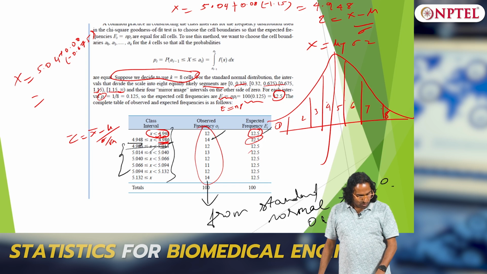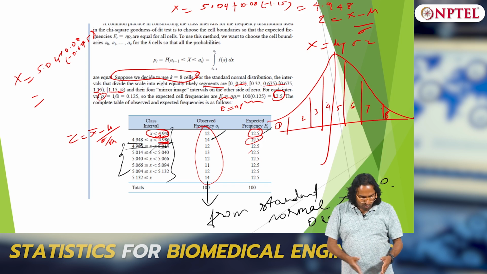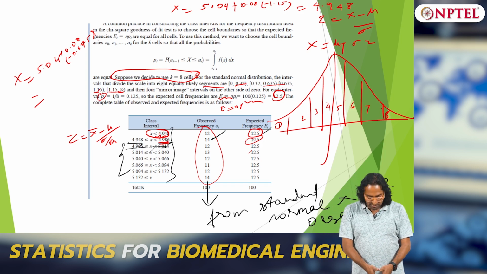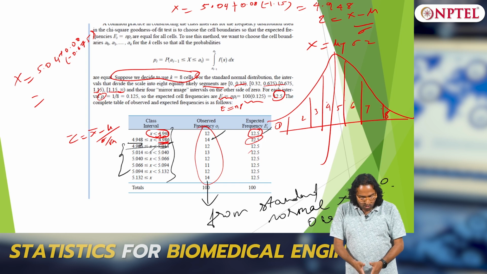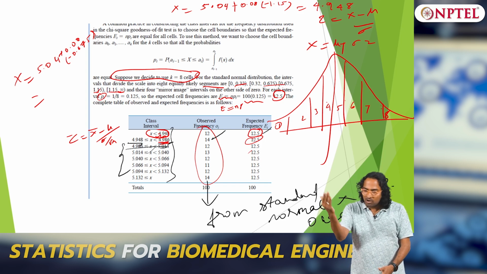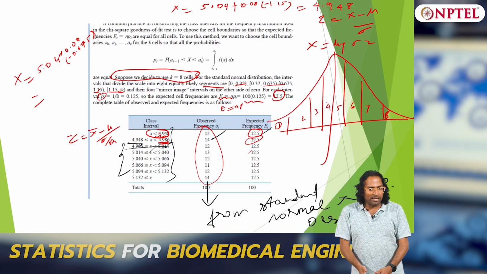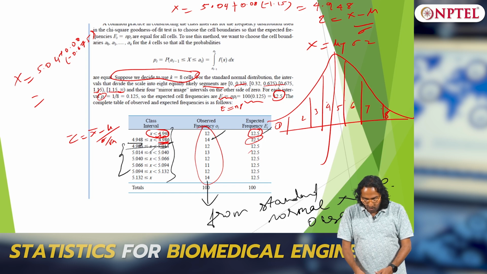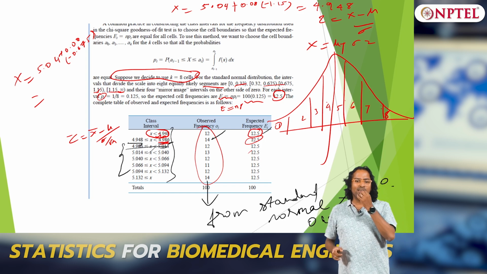Like that you have to get these values. Now this is the class interval, this is my expected. How do I get the observed? Again make it into a standard normal, look at the standard normal values and fill these values, NP. You will get the P, multiply with N, you will get the NP. Now observed minus expected the whole square.